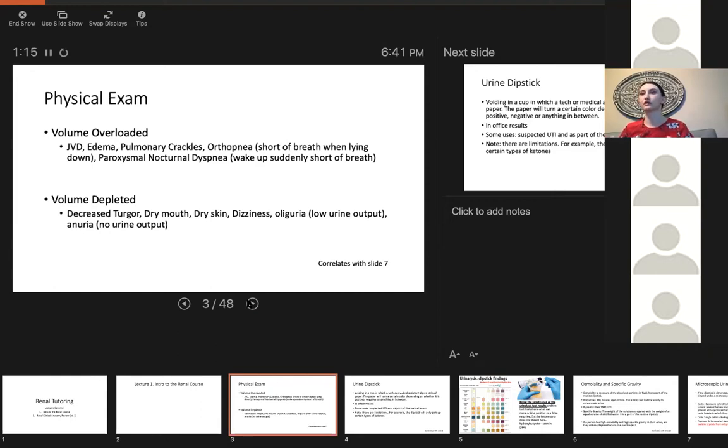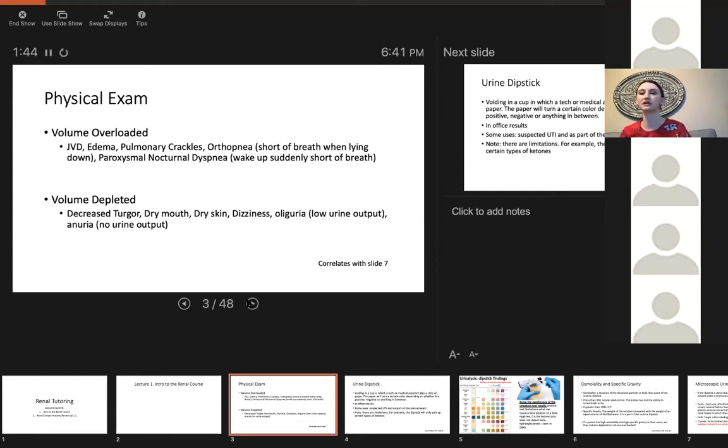There's going to be fluid on the lungs, so crackles, orthopnea, a shortness of breath when somebody's lying flat. They might say that they are propping up on a bunch of pillows at night, because if not, they get short of breath. Also, if they suddenly wake up short of breath, that might be another indication of having too much volume.